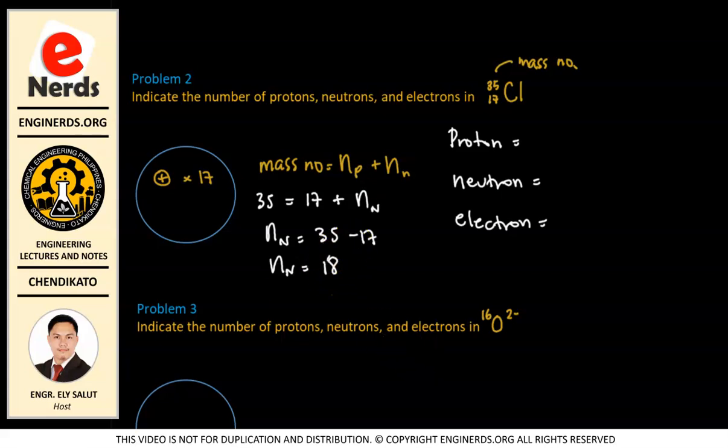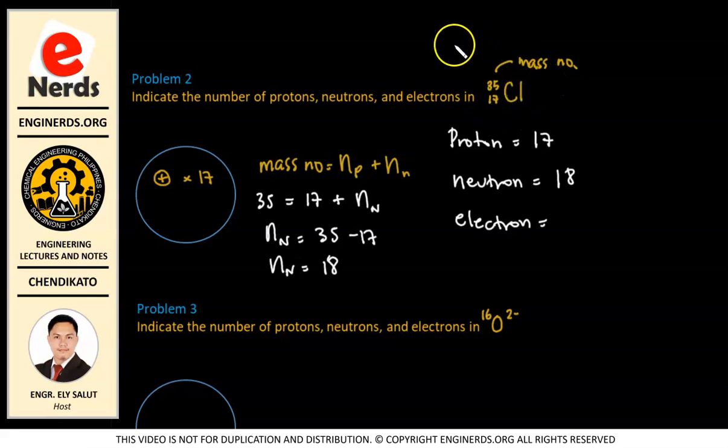So what do we know so far? We know that the number of protons is equal to 17, and we now found out that the number of neutrons is equal to 18. So how many electrons do we have? Since you do not see any charges here, that means our element is neutral.